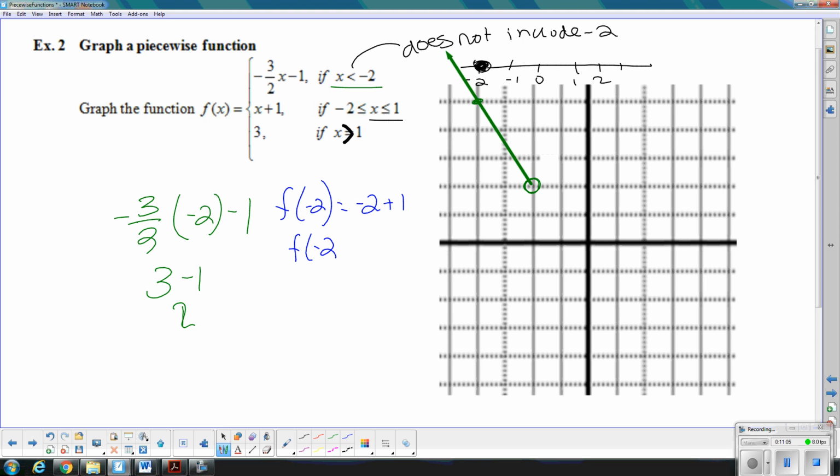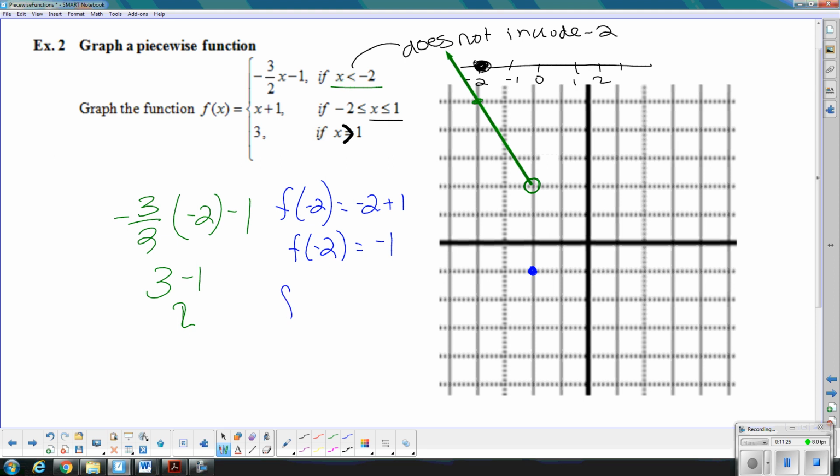So f of -2 equals -1, and I'm going to plot that point. So when x is -2, my y is -1, and that includes this point because x is greater than or equal to -2.